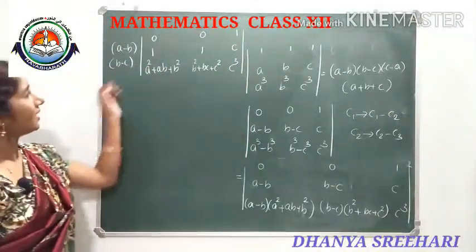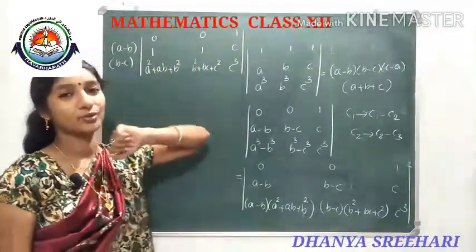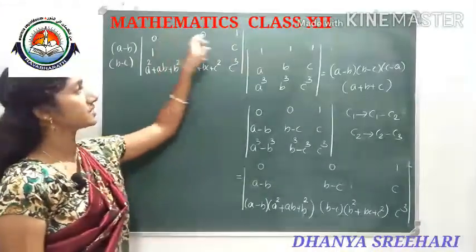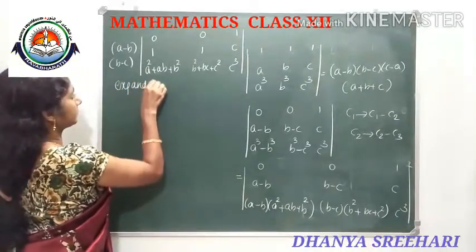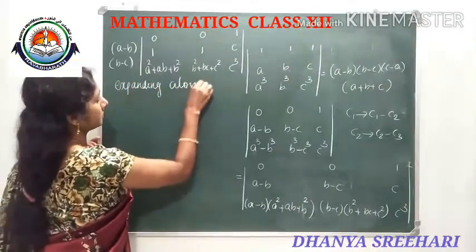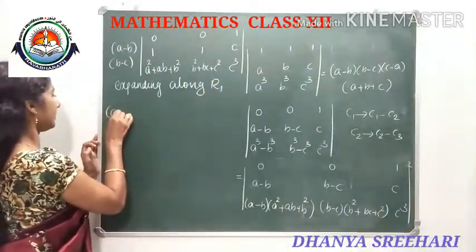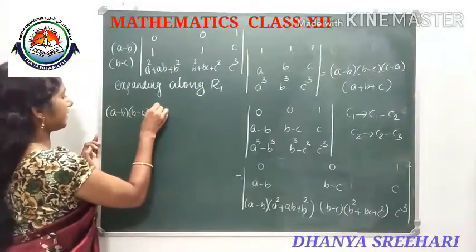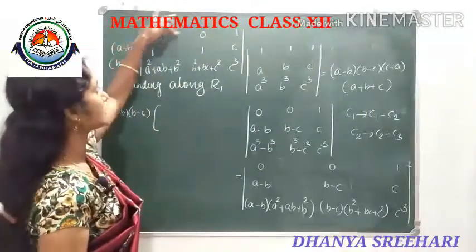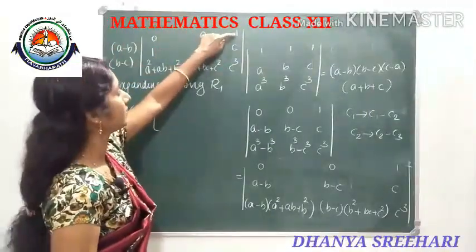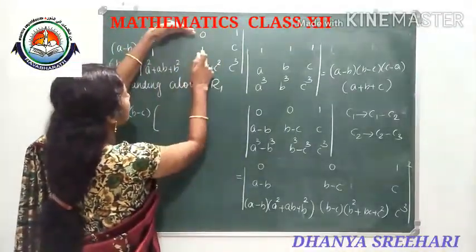Okay, then see, the first row's 2 elements become 0, only one element is there, so we can do expansion by using the first row, expanding along R1. So it will come a minus b into b minus c into, 0 into something 0, 0 into something 0, plus 1 into, removing its row and column, this one into this one minus this one into this one.